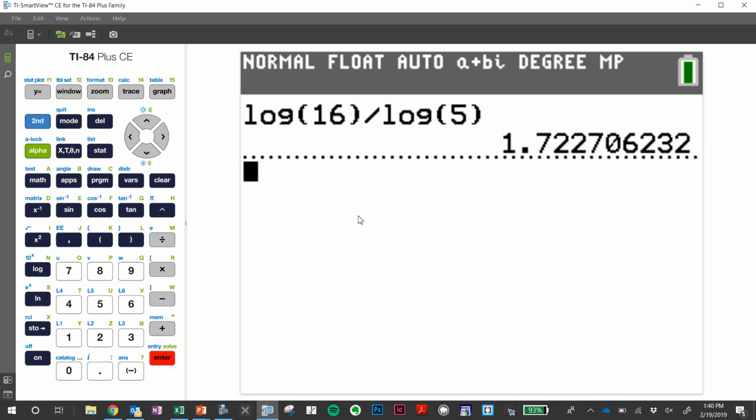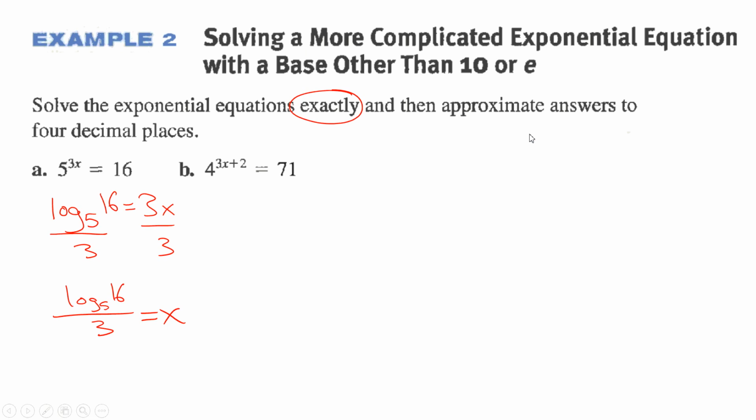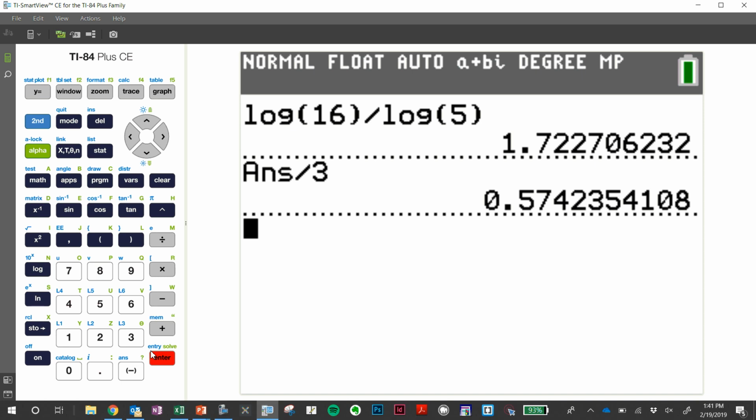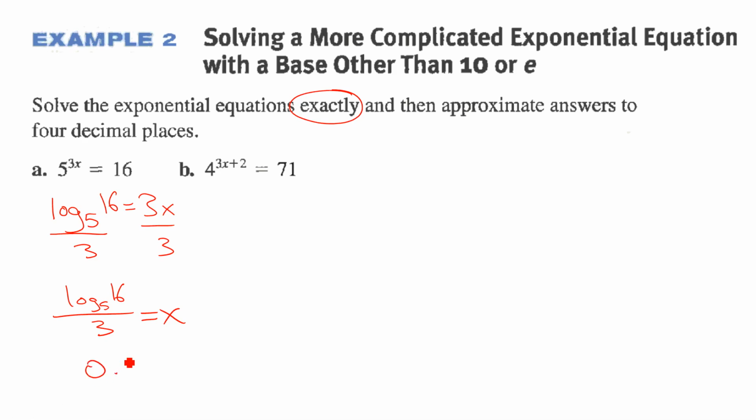And 1.7. So just as a check right there, 5 squared is 25, so log base 5 of 16 should be a little bit less than 2. So the number does make sense. And then remember, we were dividing this whole thing by 3. So 0.5742 is approximately equal to x.